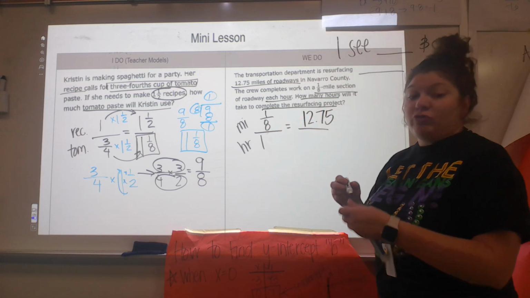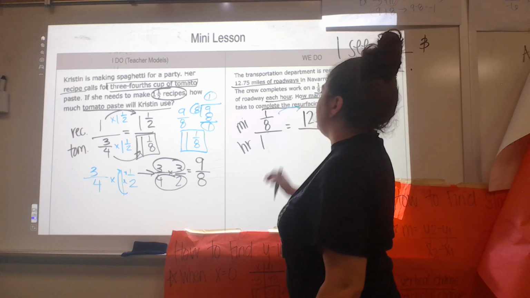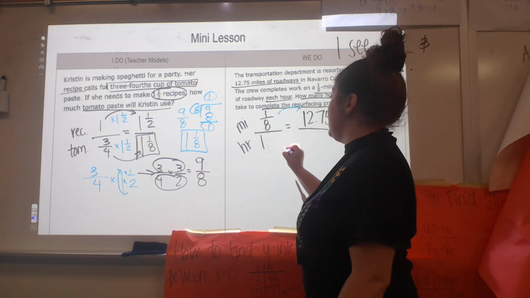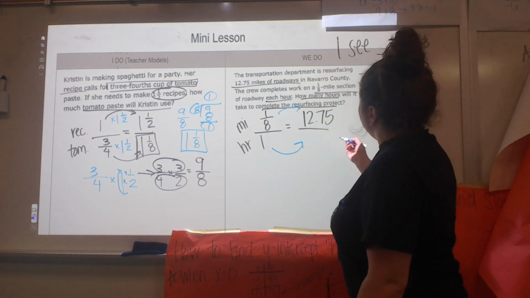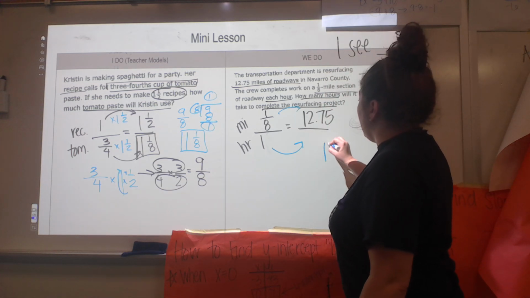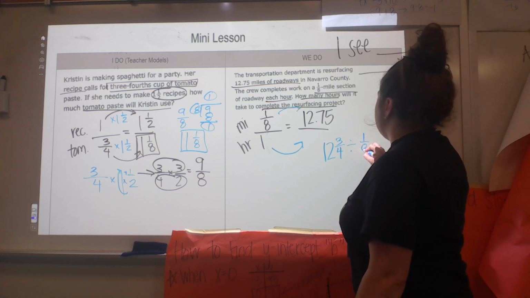So I have to multiply 1/8 times something to get me 12.75. I don't know that off the top of my head, so I'm going to go ahead and divide. I'm going to do 12 3/4 divided by 1/8.